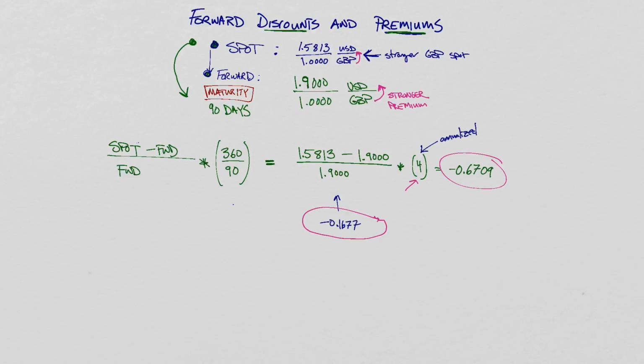And so this negative number means it's a 16.77% premium for the British pound, and a 16.77% discount if we're talking about the USD. It just depends on what side we're talking about. Annualized, it's this really massive 67%.